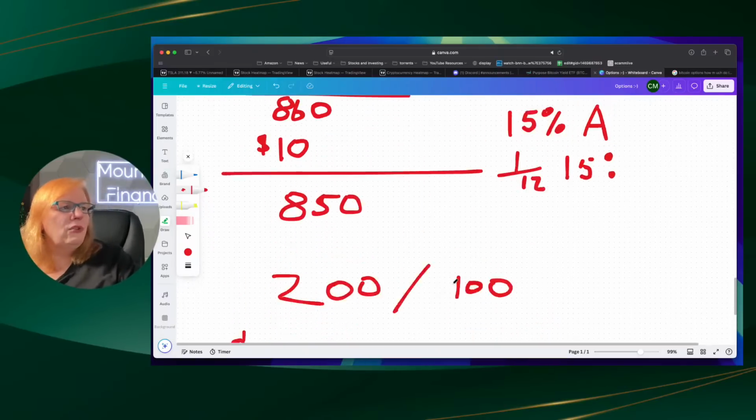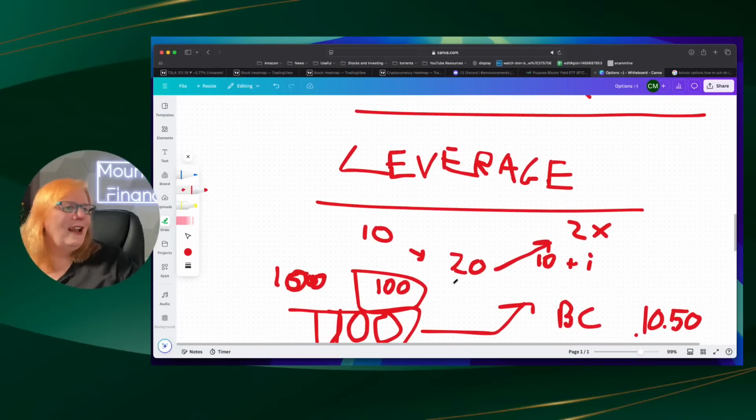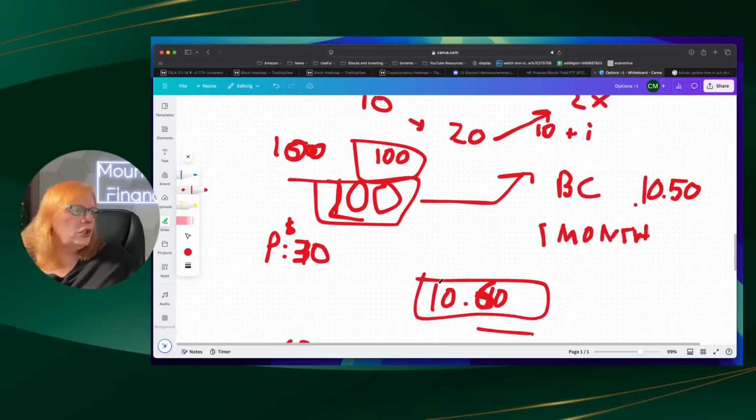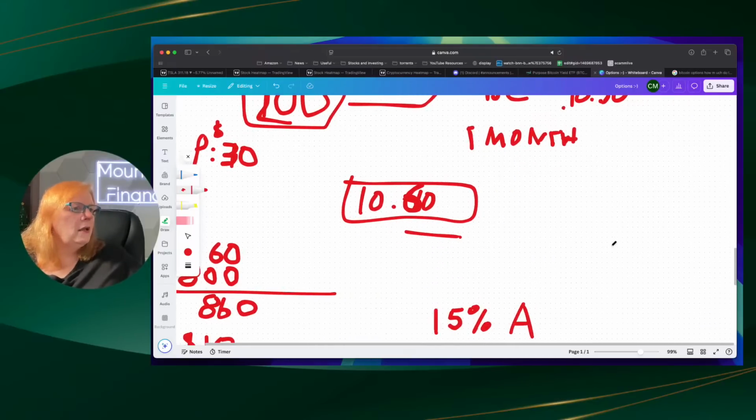So if you ever get to the point you're thinking, I'm going to do leverage, you want to make sure that you're really, really confident on what you're about to use that on, because that's a lot of money. Whereas if you lost without leverage, let's say you just did the 100. It went up to 1060.